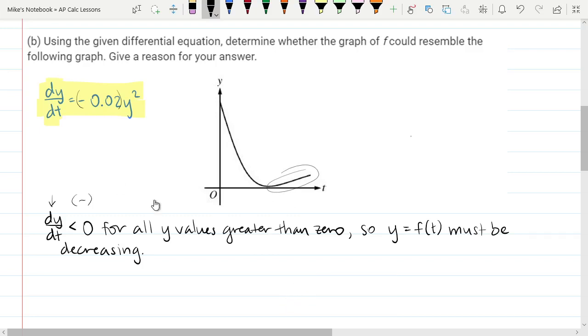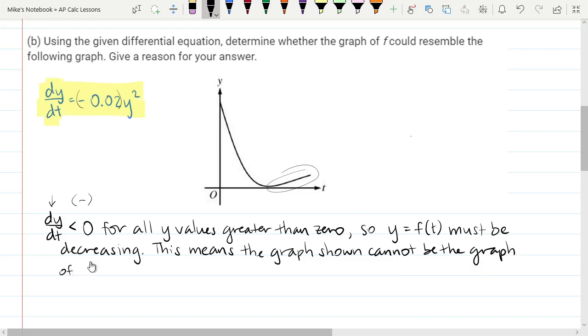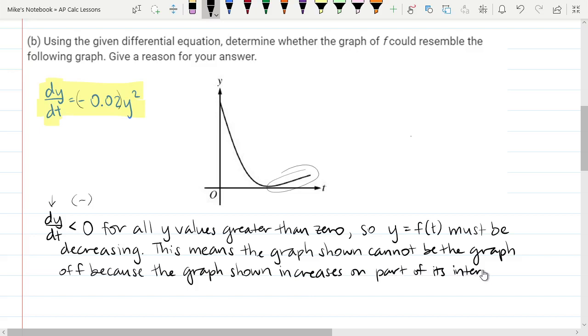So this means the graph shown cannot be the graph of f because the graph shown increases on part of its interval. Sorry about that bell there, folks.